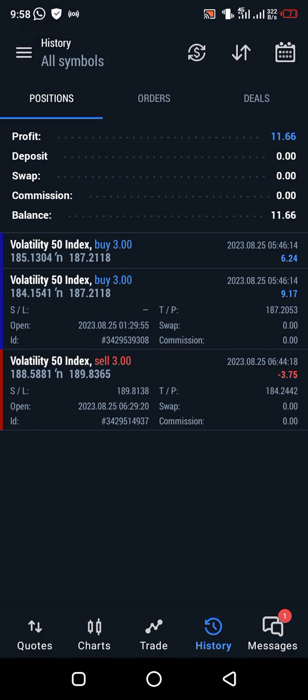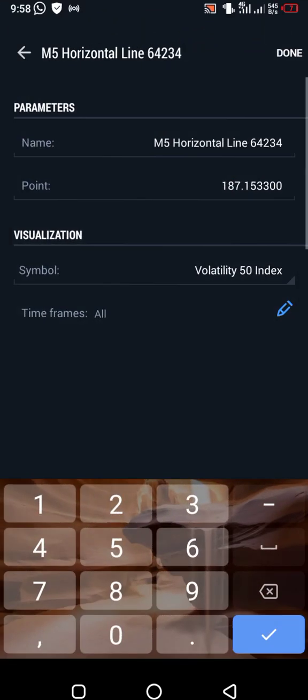189.8138. So let's go back to the chart. Let's look at our SL. Sorry guys. Five minutes. To locate the point, you just have to do this, very easy.